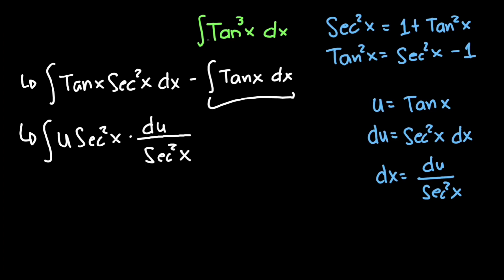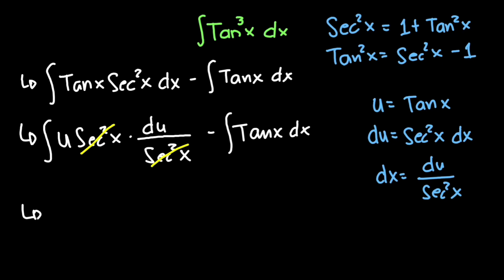And just copy this first, so this would be minus integral of tangent x dx. So you can see here, secant squared of x would cancel. So you are left with the integral of u multiplied by du minus integral of tangent x dx.